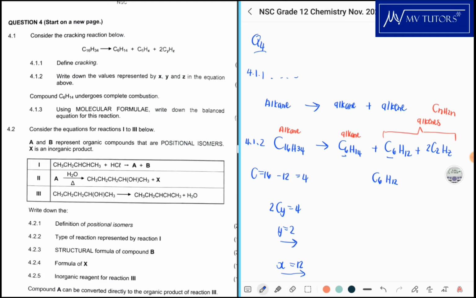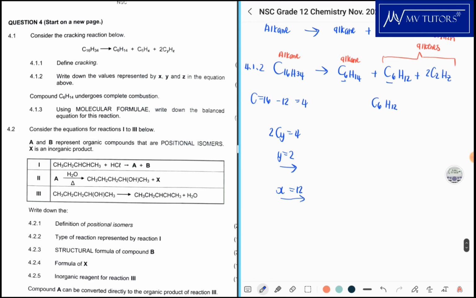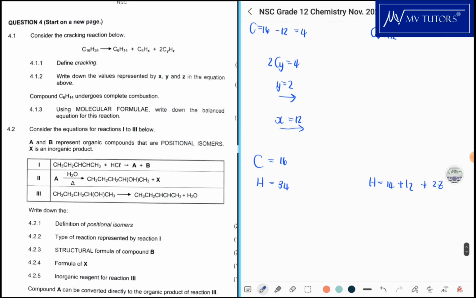Okay, so now let's just see. On the right side of the arrow, the carbons have now balanced. We have 16. The hydrogens: on the left, we have 34. On the right, so far we have 14 plus 12, plus 2 times Z. We know that we need to have 34 in total. Minus 14, we have 20. Minus 12, we have 8.